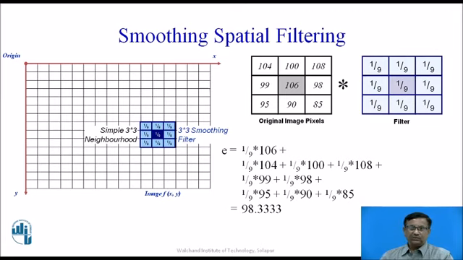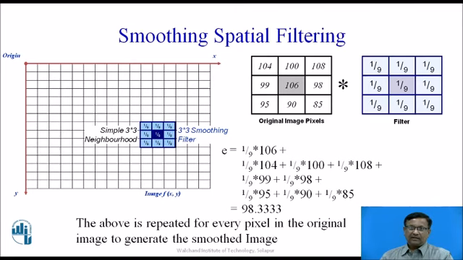So the new value in the place of 106 will be 98.33, the average value in that neighborhood. The above process is repeated for every pixel in the original image to generate the smoothed image.